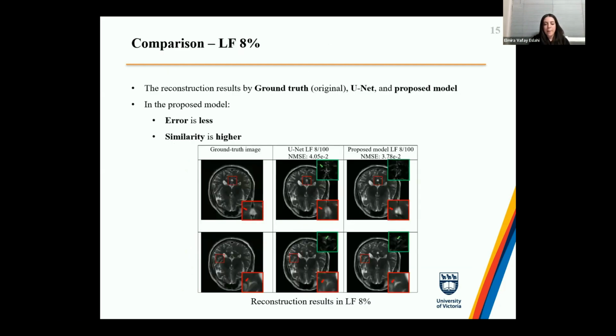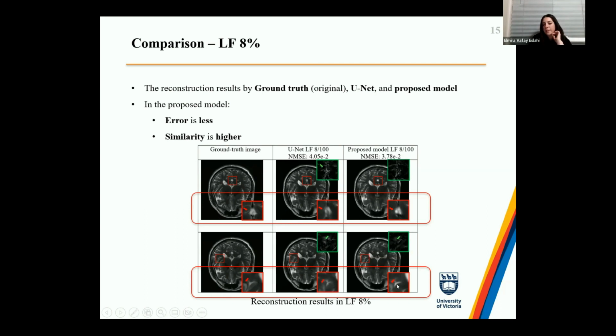So if we want to compare images, we are comparing again U-Net in low frequency of 8% with the proposed model, again in the same low frequency. You can see for example, this part is showing, the large red boxes are showing the enlarged view of the small red boxes. So it is clear that in the proposed model, the features are pretty much the same as the features in the ground truth image, which is our original image, the same in the below images.